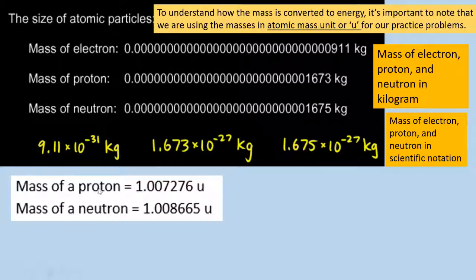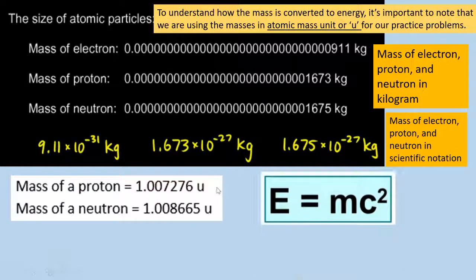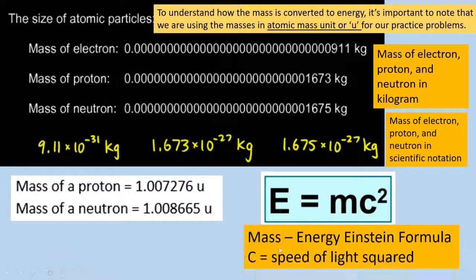This is the mass of a proton and neutron in atomic mass unit, or U. And this is the formula of mass energy conversion from Einstein, where C is the speed of light squared, M is the mass, and E is energy.